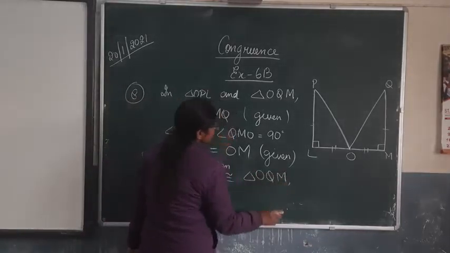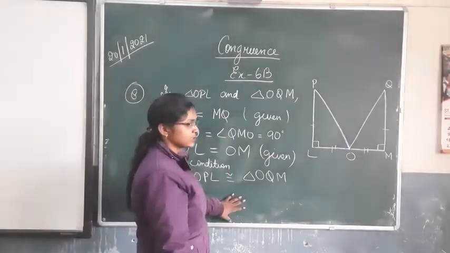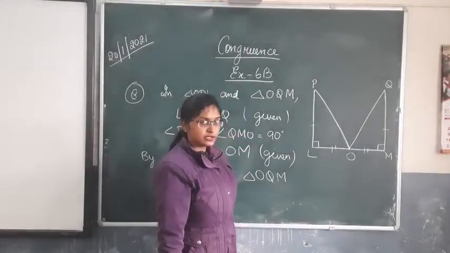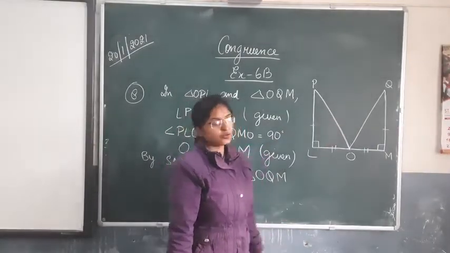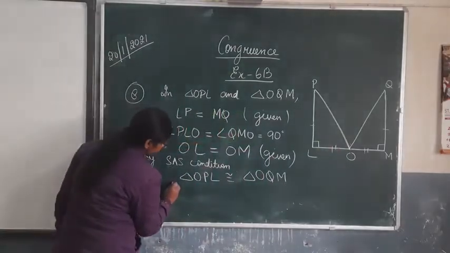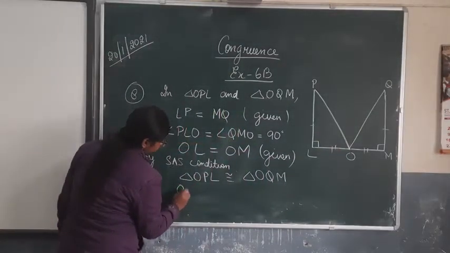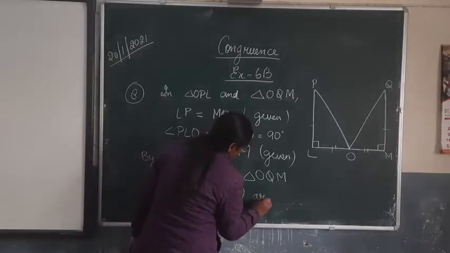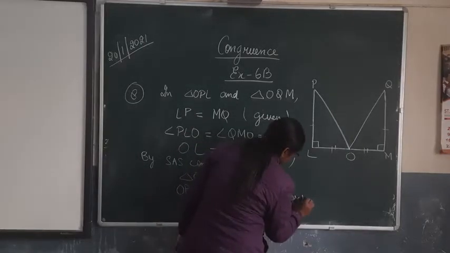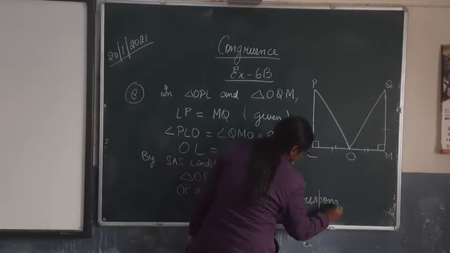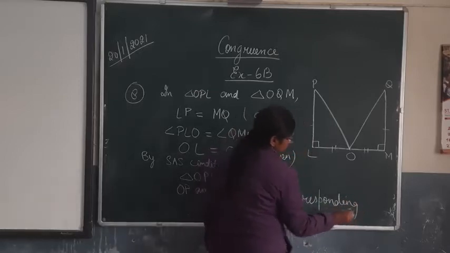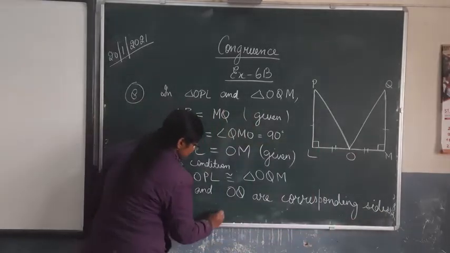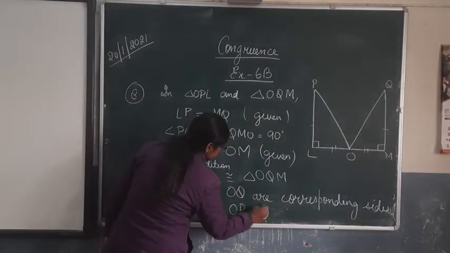And when the two triangles are congruent to each other, their corresponding parts and corresponding sides will also be equal to each other. So that means OP is equal to OQ. So here we will write that OP and OQ are corresponding sides. Therefore, OP is equal to OQ.